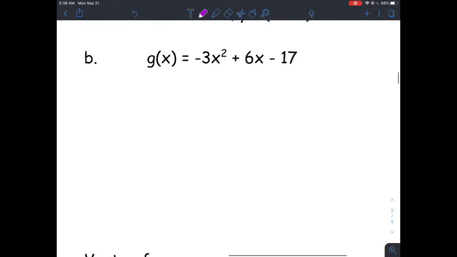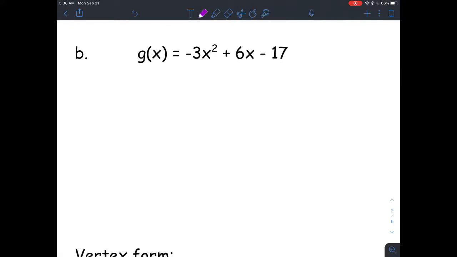All right, so let's go ahead and try the next one. So again, we have that coefficient here. So we're going to go ahead and factor that out. And look, when you take a minus 3 away from a positive 6, you're going to get a negative 2x.